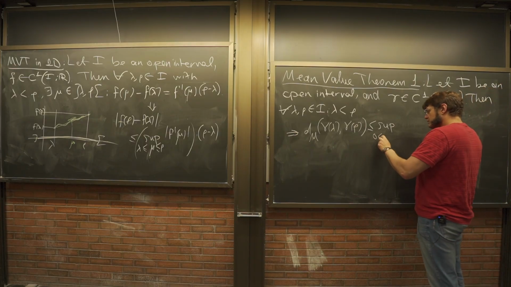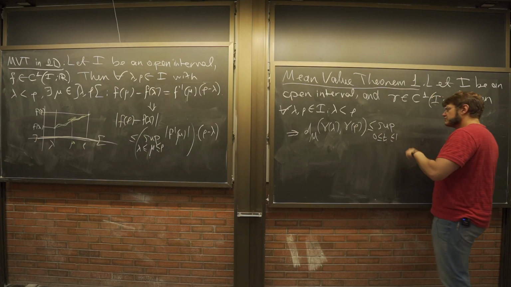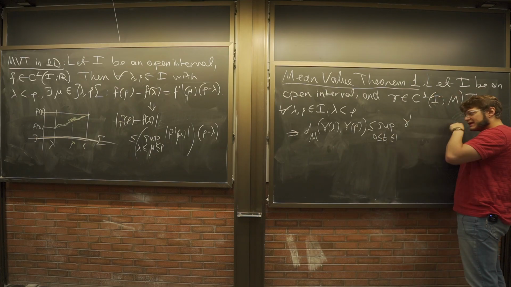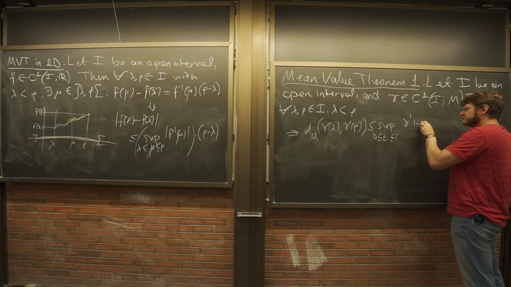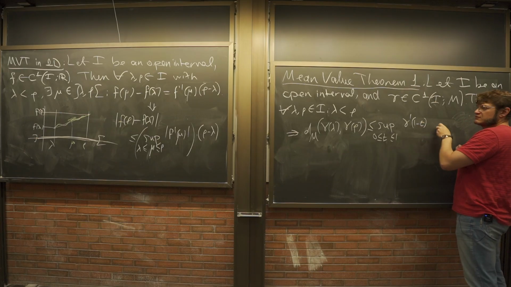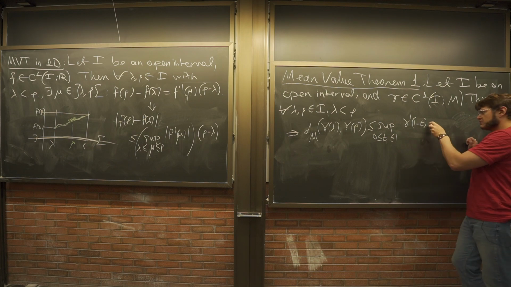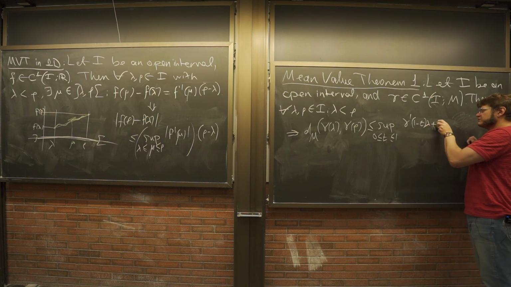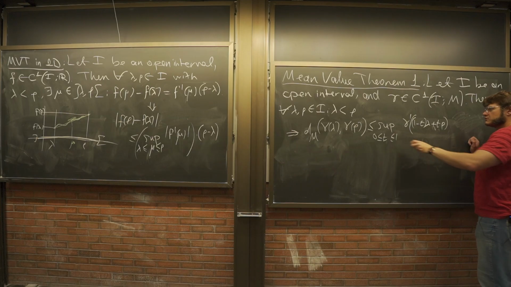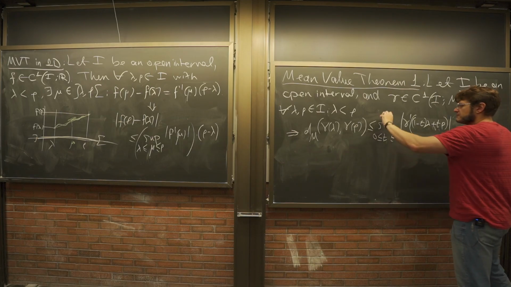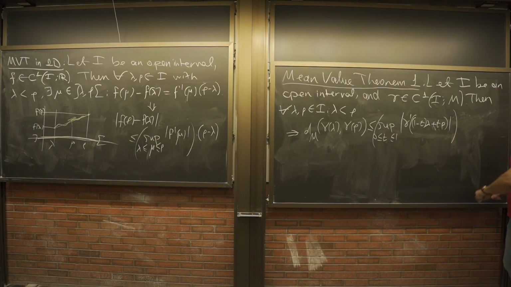Let's say t varies between 0 and 1, and then I'm looking at gamma prime at (1 minus t) lambda plus t rho, times the absolute value of lambda minus rho.